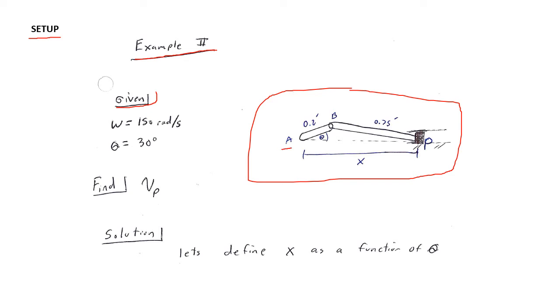I have point A connected right here, my point P right over here. I have this distance x, and I have the length of AB and the length of B to P here, all drawn out for me. And I will note that I'm looking for my V sub P, my velocity of P, and my solution, again, is going to be define x as a function of theta to start my solution out.